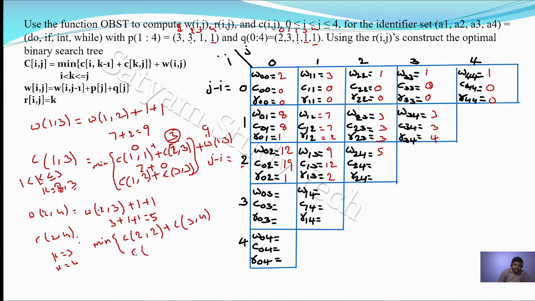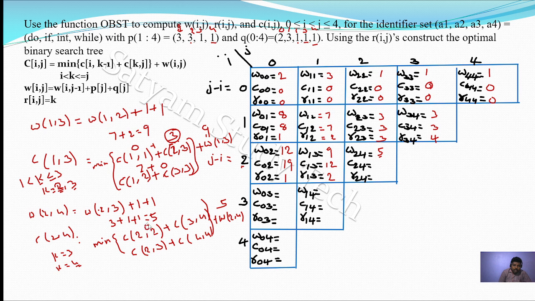So here I consider the k value is now 4, that is 2 k minus 1, that is 3 plus C of k comma j, that is 4 comma 4, plus W of ij. Ij is W of 24. You know already W of 24 value is 5. So you can write here it is 5.